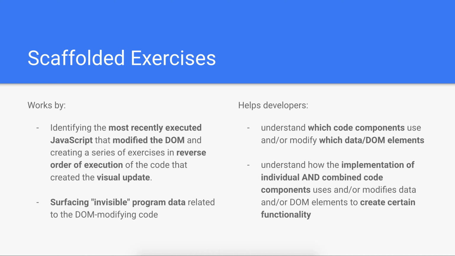We'll see an example of this in the next slide, so hopefully it'll make it clear what I mean. These affordances help developers understand which code components interact with which program data or DOM elements, and understand how individual and combined code components create complex functionality through the use and modification of program data.